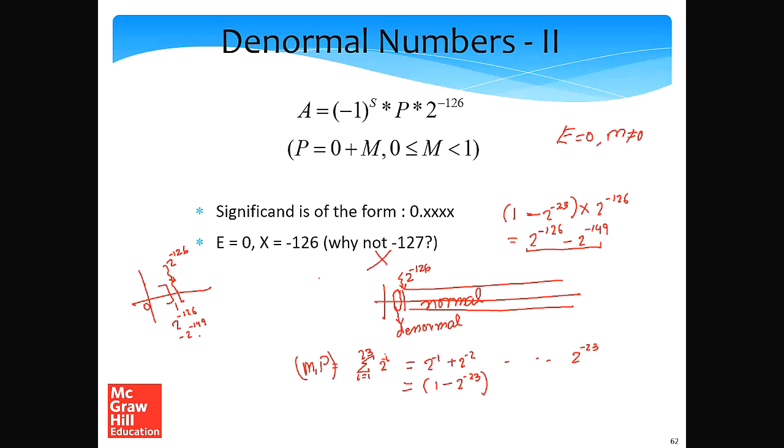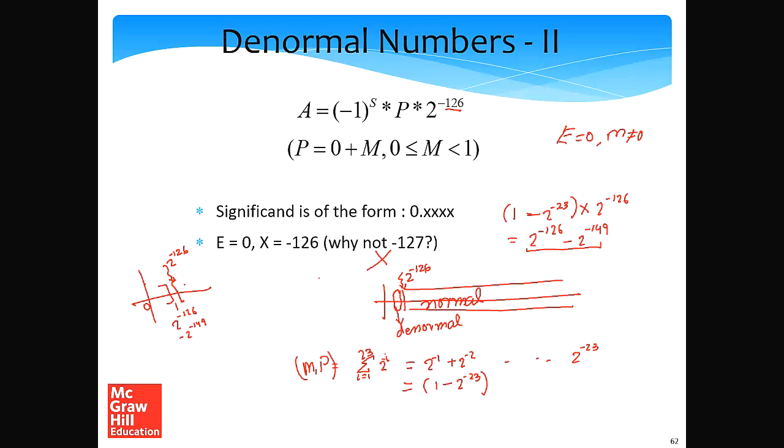Some difference needs to be there, because this is after all a discrete number system, not a continuous number system. But the important point to appreciate is that this should not have been minus 127. It should be minus 126, because only then do we get this property, that we have a very, very small distance between the largest denormal number and the smallest positive normal number.